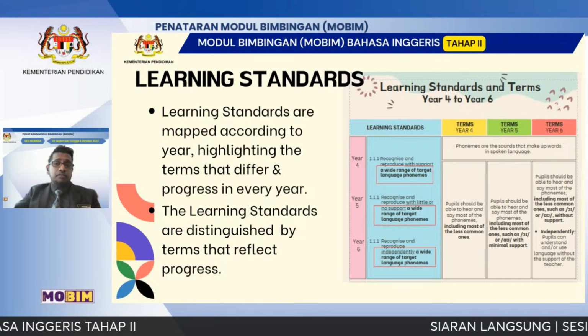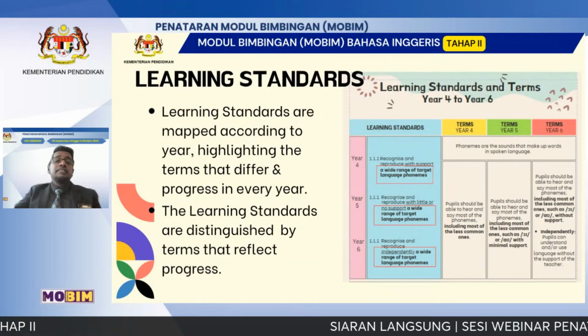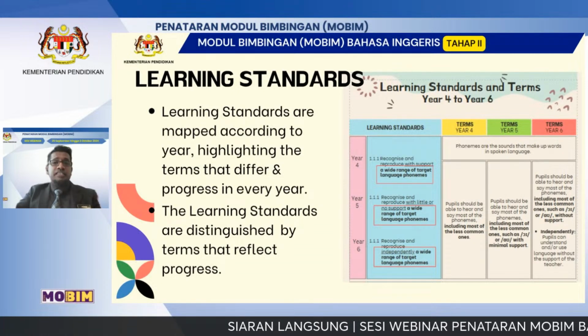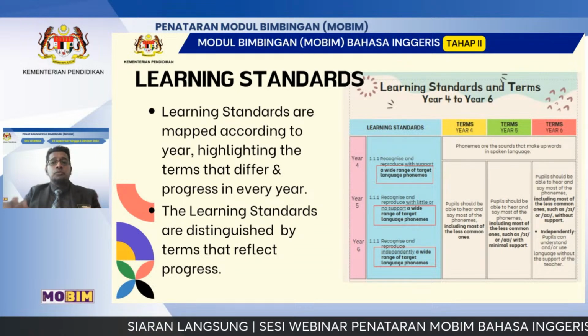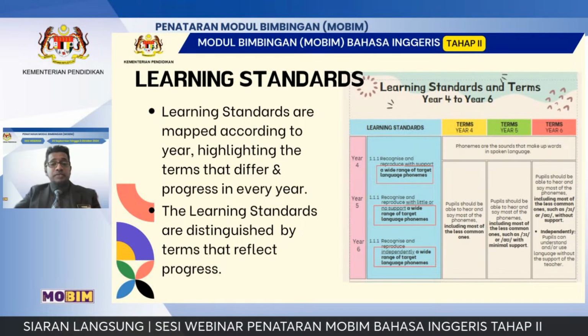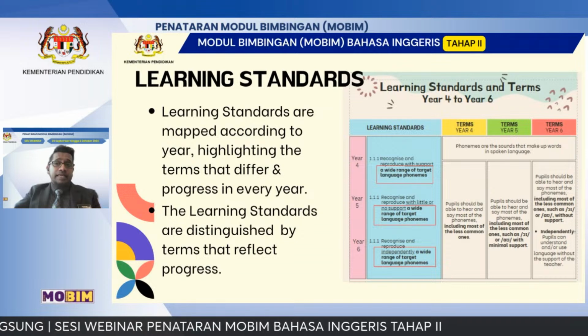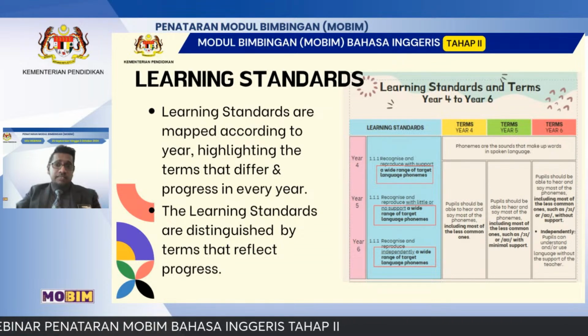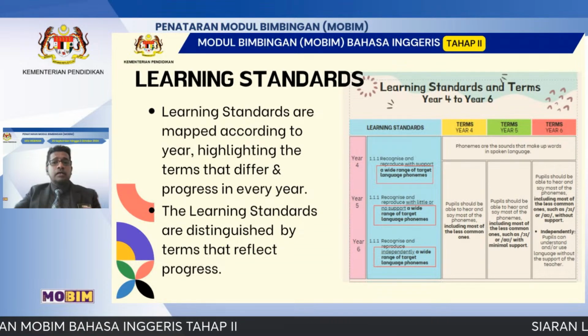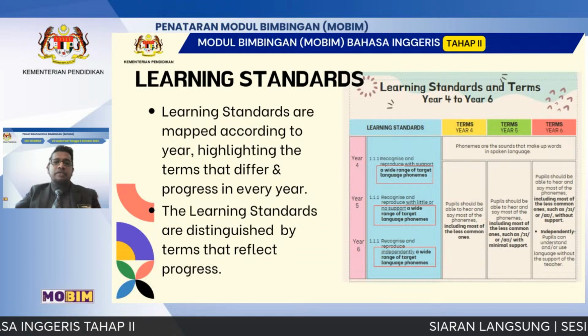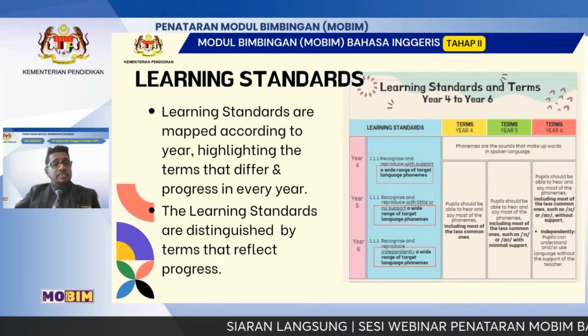For example, the learning standard of 1.1.1 in year 4 is for the pupils to recognize and reproduce with support a wide range of target language phonics. The same learning standard for year 5 is for the pupils to recognize and reproduce with little or no support a wide range of target language phonics.